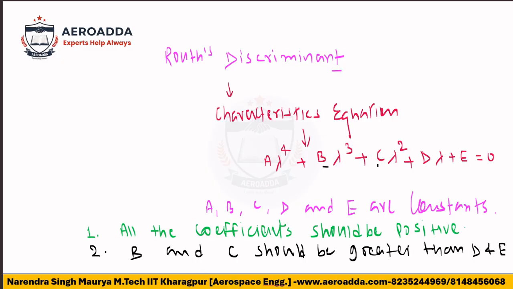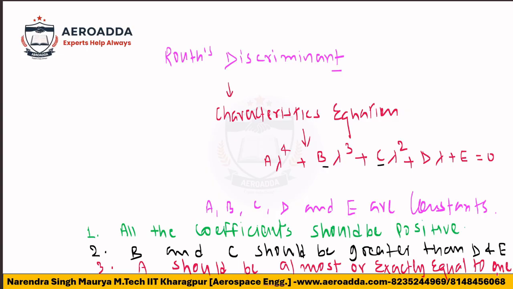This is B and C, it should be greater than D and E. And the third is nothing. A should be almost or exactly equal to one.